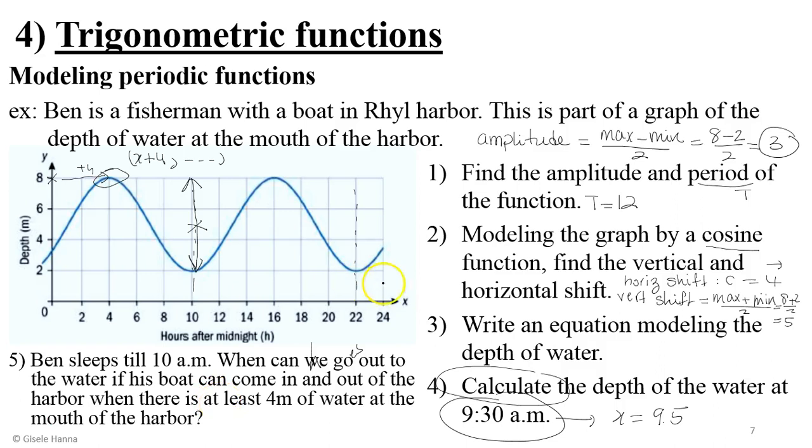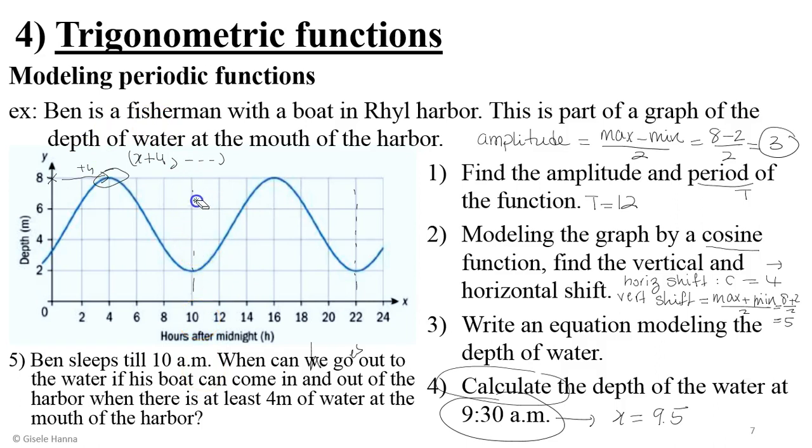So it is given that when there is at least 4 meters of water at the mouth of the harbor, Ben can come in and out of the harbor. However, Ben sleeps till 10 a.m. every morning. So they need to determine when he can go out according to the function.